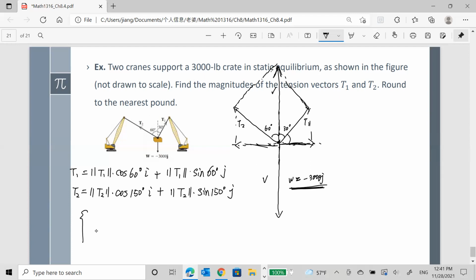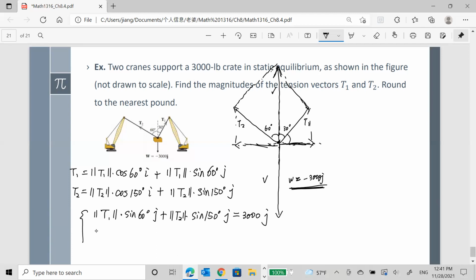So the sum of the J direction is 3000 J. So the magnitude of T1 times sine 60 degrees J plus the magnitude of T2 times sine 150 degrees J equals 3000 J.